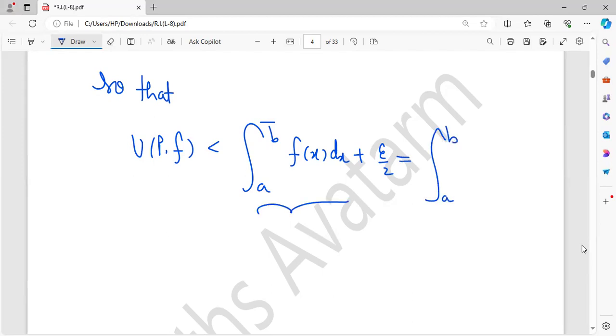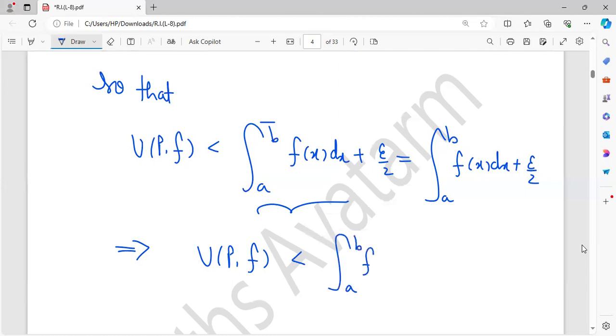So U(P,f) is less than the integral of f from a to b plus epsilon by 2. Let's say this is equation number 1.